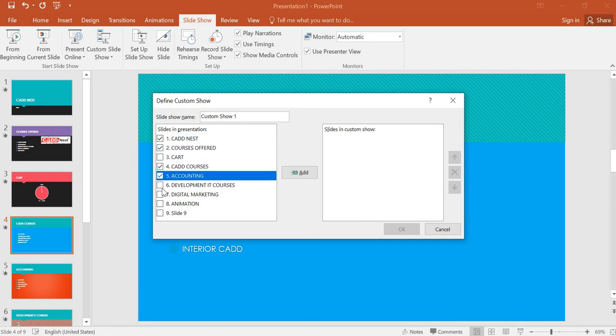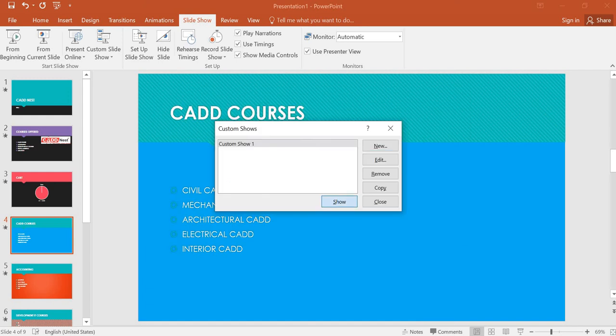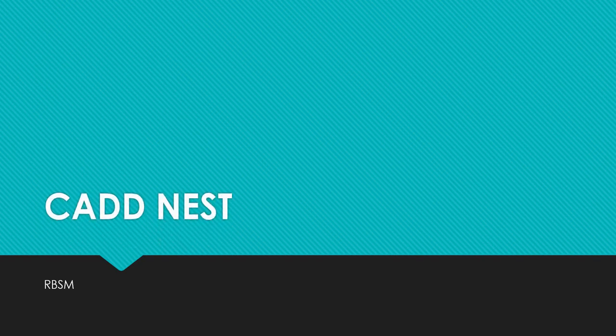Select the important ones and then go for add. It will be added into your custom show, but it will retain the copies in your original presentation. Whenever you are playing, you can just go for custom show and play. Only the selected slides will play. If you go for show, it will play only the 5 slides that I have selected now in the custom show.